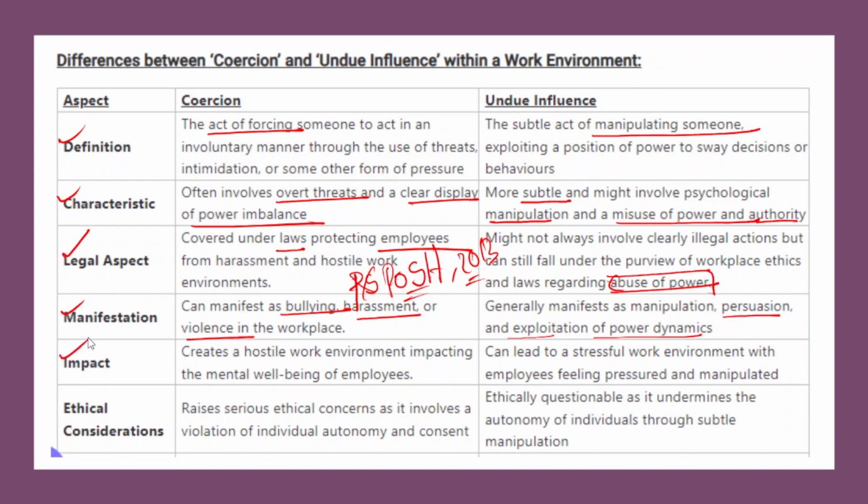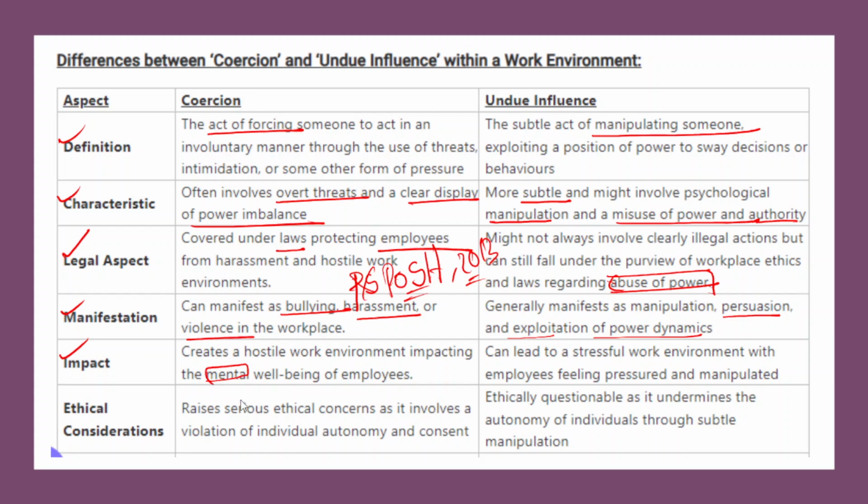After that, we should also talk about the impact of coercion on that particular individual and also the work culture. It impacts the mental well-being of employees. If we coerce, if we force them to do that particular work, it will result in loss of mental well-being.